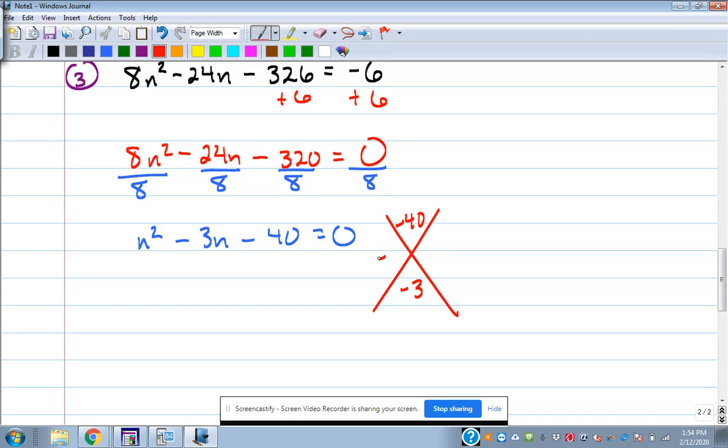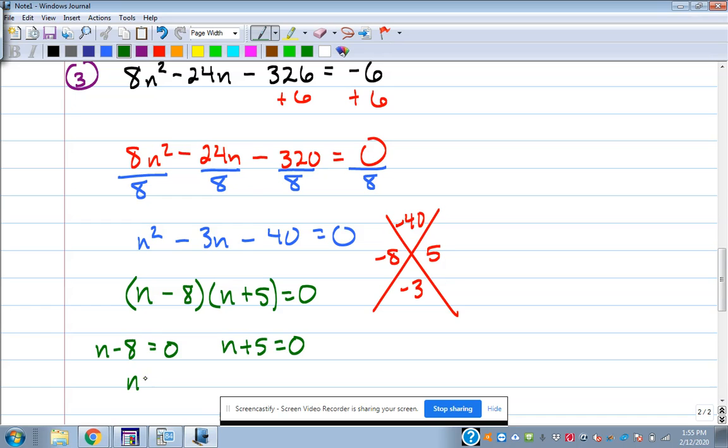Negative 8, positive 5. Can I take my shortcut on my factoring? Yes, because there's nothing in front of n squared anymore. So my factors are going to be n minus 8, n plus 5. And then I'm just setting each one of those equal to 0. And those are the easy solves. It just swaps the sign. Boom. 2 answers to a quadratic.